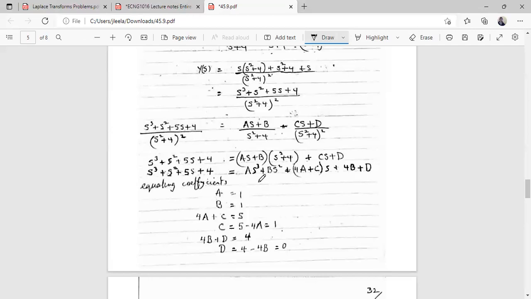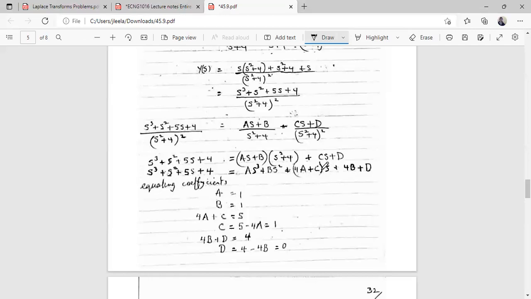So when you write it like that, it's really easy to see to equate your coefficients. Your coefficient on the right hand side of s to the power 3 is a, and on the left hand side is 1. So a is 1. B will be 1 as well.